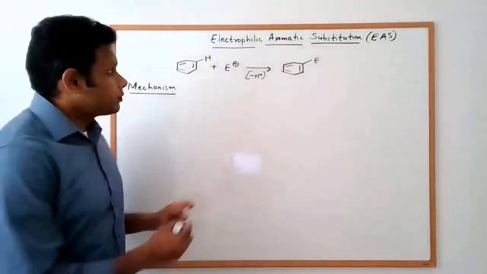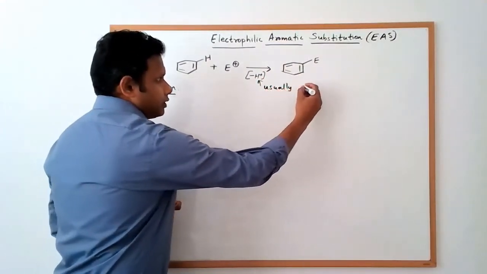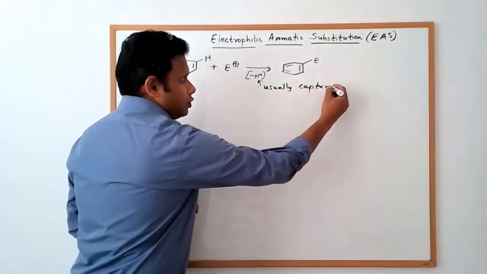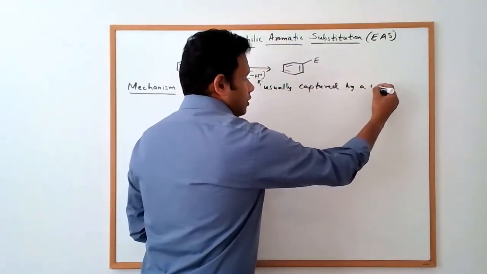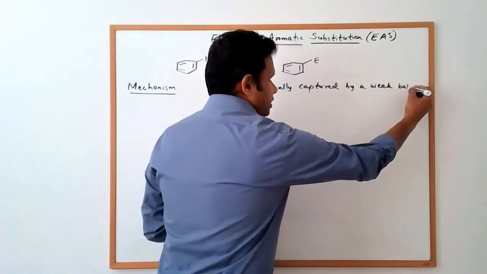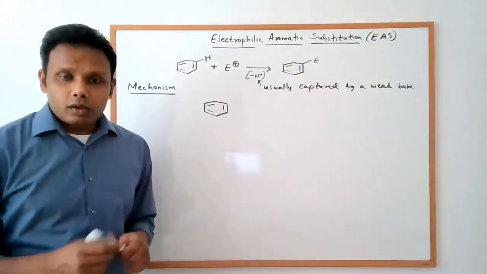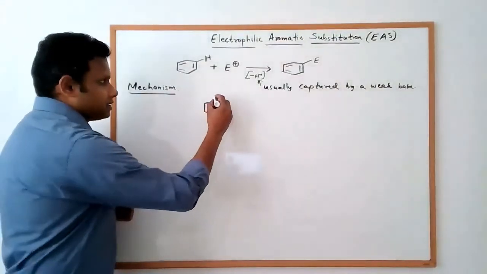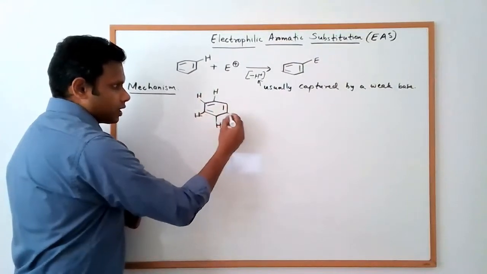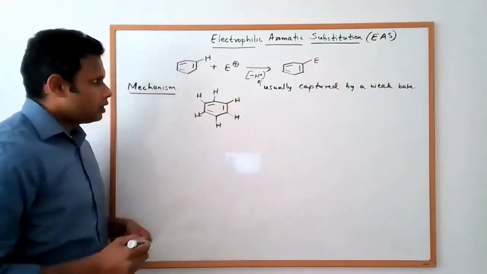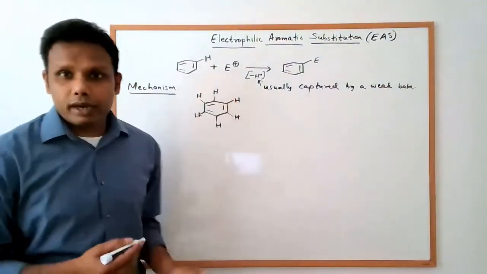Now, this proton that is lost is usually captured by a weak nucleophile or a weak base that is present in the reaction mixture. For the purposes of this mechanism, realize that benzene has 6 hydrogens on it, and any of these hydrogens can be replaced by the electrophile.